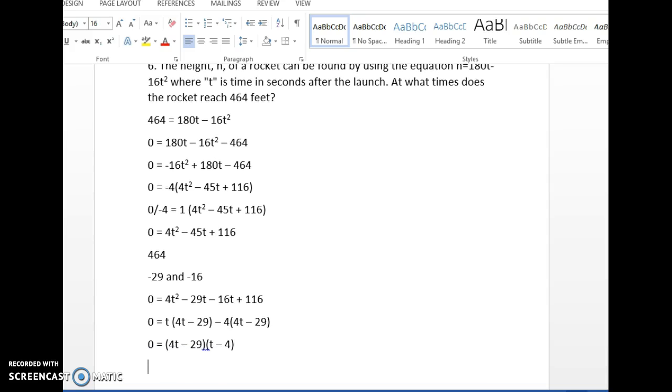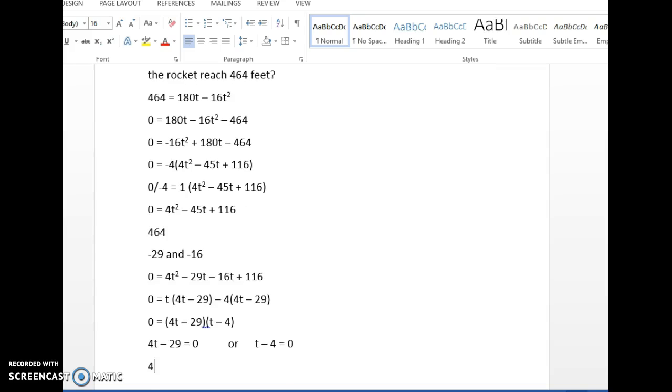At this point, set each factor equal to 0 and solve.